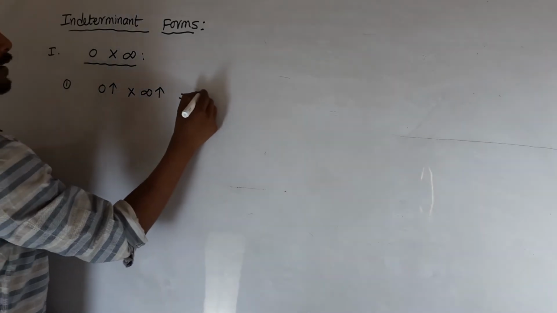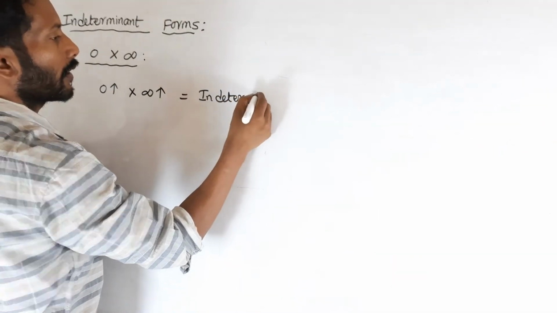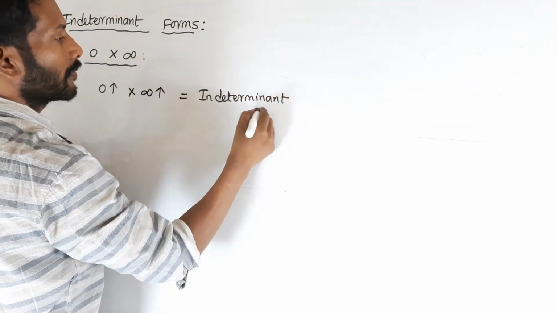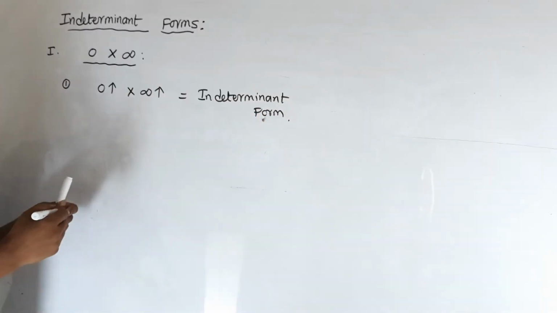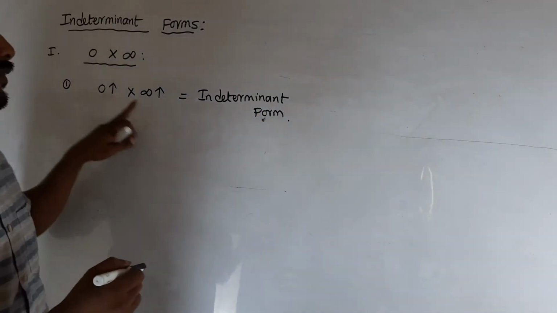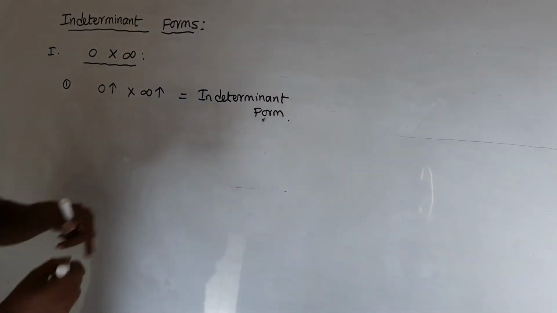It is indeterminate form. Already clear explain చేశాను. So x approaches 0, y approaches infinity, so the product of these two is indeterminate form.